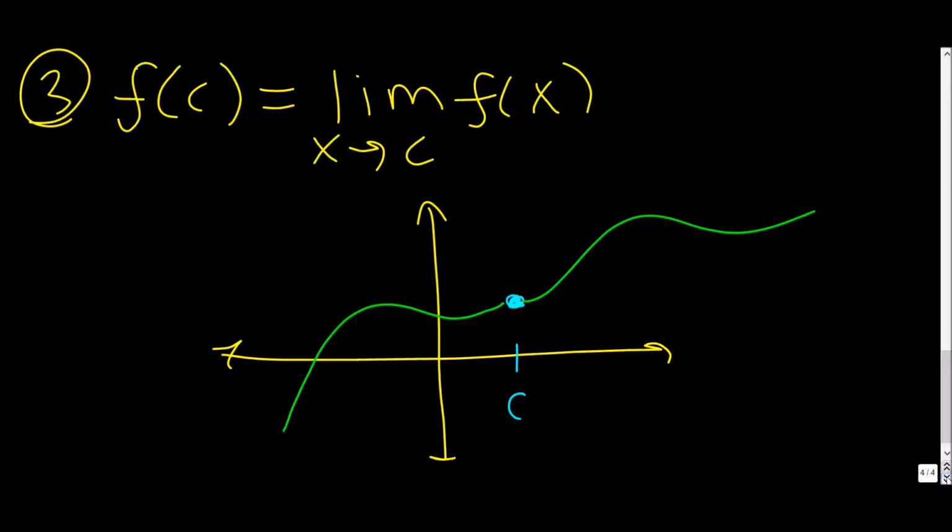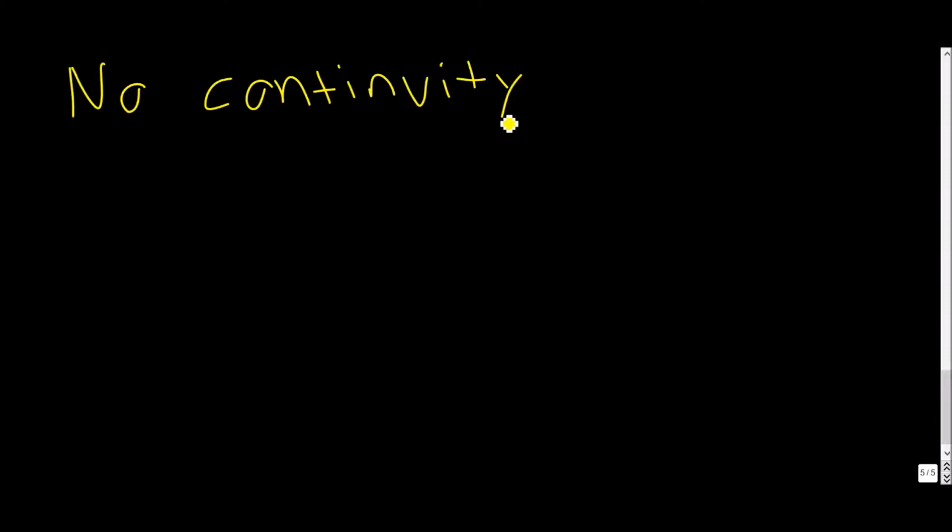Now, when we have no continuity, let's think about our three things that we need. The first thing, we need the limit as x approaches c of f of x to exist.